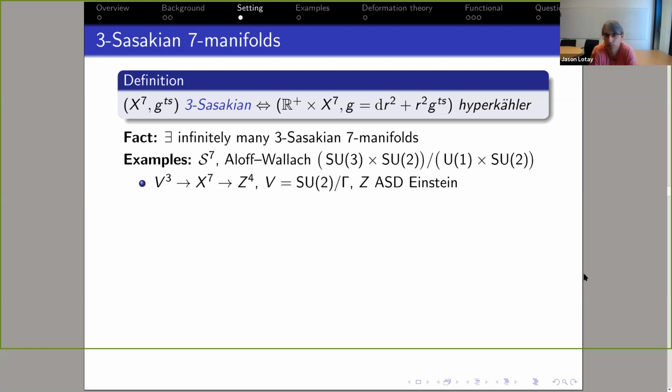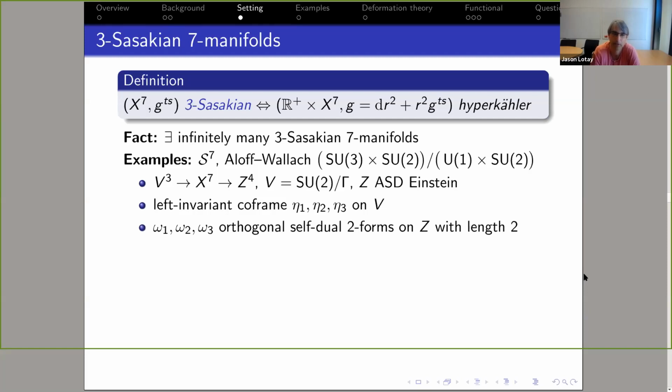And this gives you a natural way to build G2 structures on your space X. So you have a nice coframe, which I'm going to call by eta on V. And I have some nice orthogonal self-dual 2-forms on Z with length 2. And with this data, I can build two 1-parameter families of G2 3-forms for t positive.